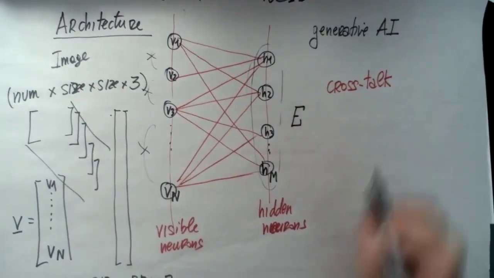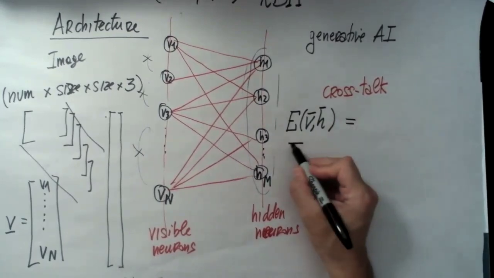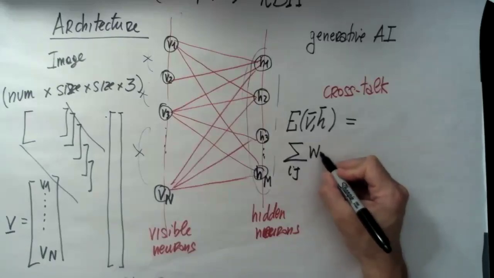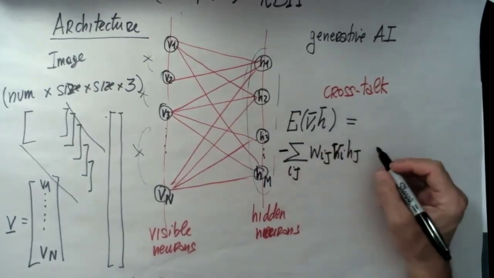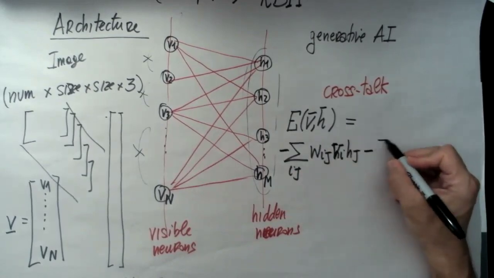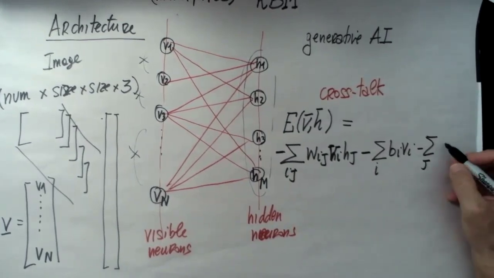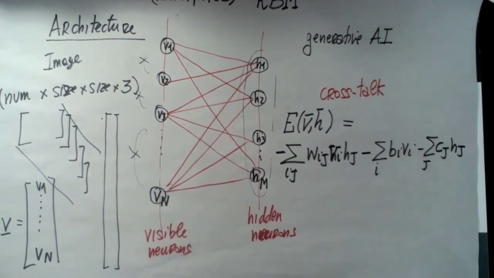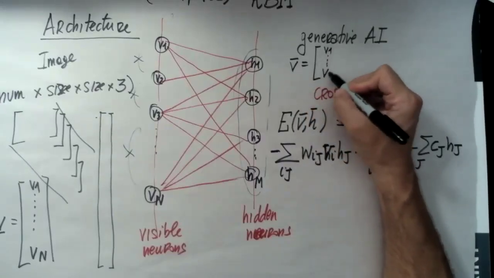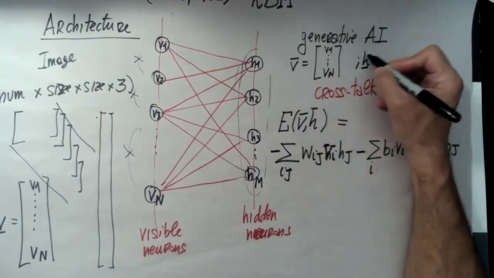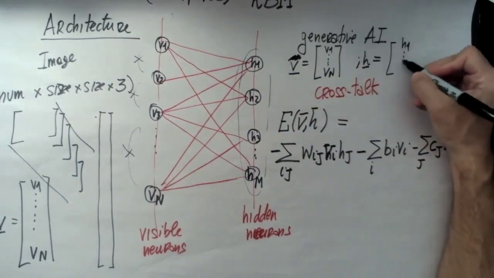The energy associated with the Boltzmann machine is given by the sum over i and j of W_ij V_i H_j, minus the summation over i of b_i V_i, minus the summation over j of c_j H_j. Remember that V is the list of all the visible nodes, and H is the list of all the hidden nodes.